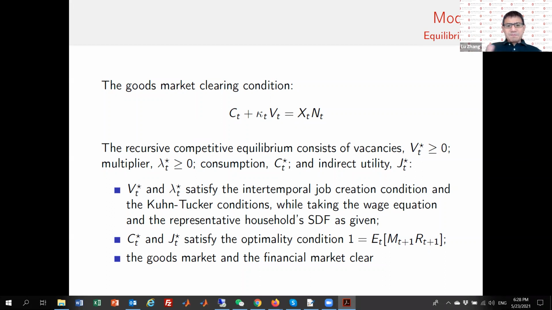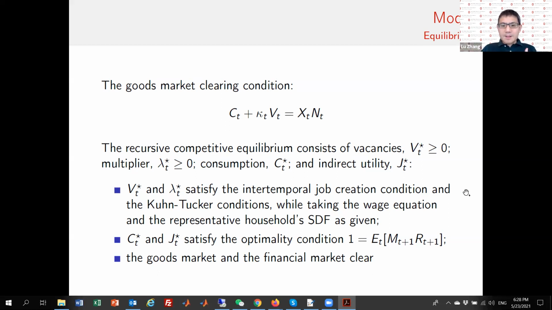You have vacancy policy and the Lagrange multiplier on the vacancy constraint have to satisfy the intertemporal job creation condition, Kuhn-Tucker condition, while taking the wage equation as given, as well as the vacancy filling rate as given, because the firm doesn't affect that directly. Well, it does, but doesn't take that into account.